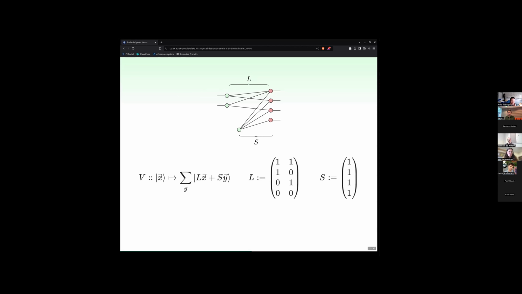This CSS code is defined by two things: by this matrix L, which we call the logical matrix, and this matrix S, which in fact here only has one column in it, which is called the stabilizers. So this is a particular code. This is what's called the 422 error detection code. It's one of the smallest codes that you can come up with.